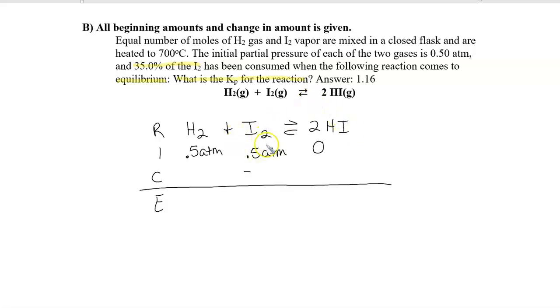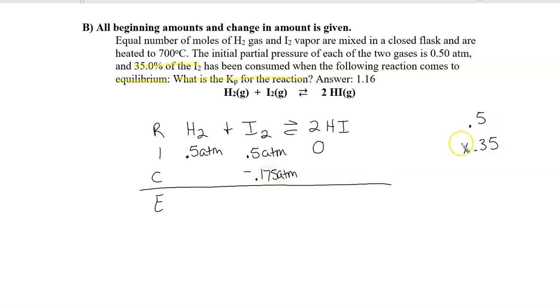So to figure out 35% of this initial number, I'm going to multiply not by 35, but by 0.35, which is the decimal. When I multiply 0.5 times 0.35, I get 0.175. So I know that this is losing 0.175 atmospheres.